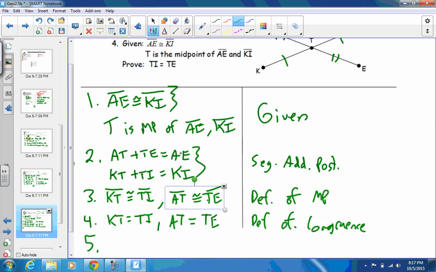It's kind of the transitive property. Technically it's substitution right now, but AT plus TE is then equal to KT plus TI. Since we know that these two are equal, whatever they're equal to are going to be equal to each other, so we'll say that's substitution.